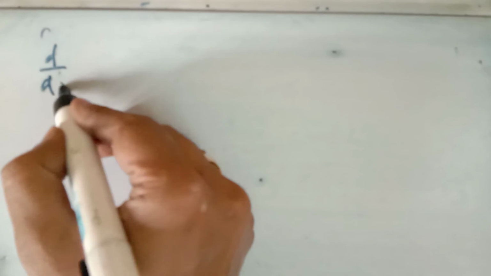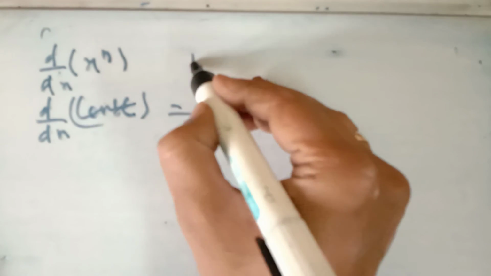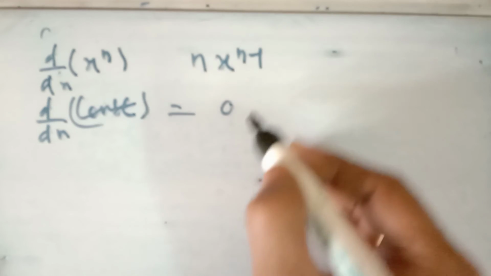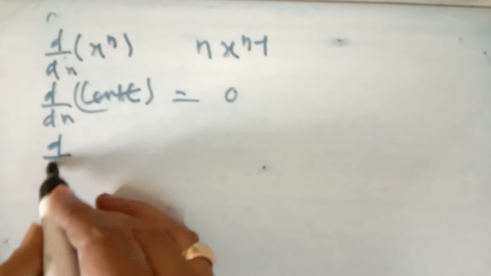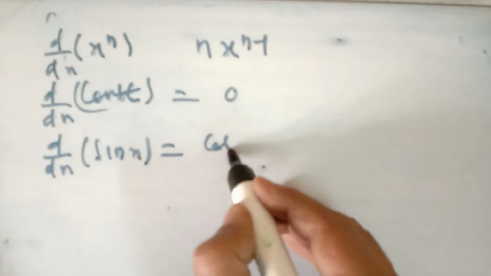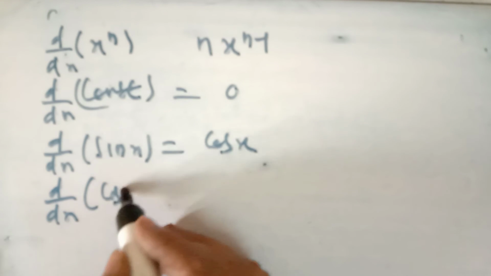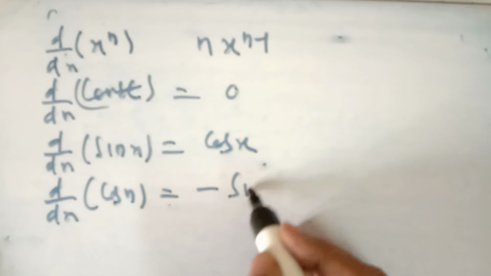So what we have done in this lecture: we have found the derivative of x to the power n. We have done the derivative of the constant, which is equal to 0. Derivative of x to the power n is n x to the power n minus 1. Then we have done the derivative of sin x, which will be equal to cos x. ये आपको learn करने हैं सब. d upon dx of cos x will be equal to minus sin x.